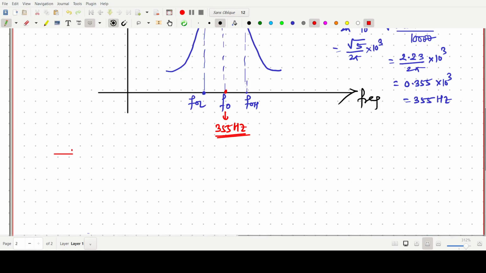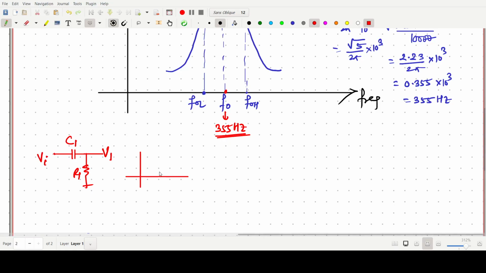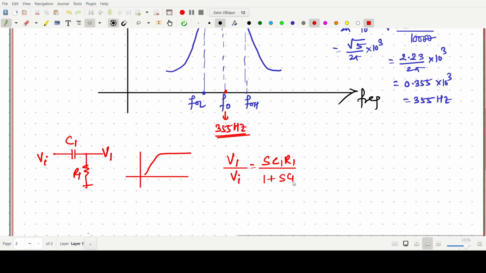Then the first part, C and R, that we have already discussed, C1 R1, and this one is our V1 and Vi. So this will give this kind of high pass filter. And this V1 upon Vi we have already found as SC1 R1 upon 1 plus SC1 R1.